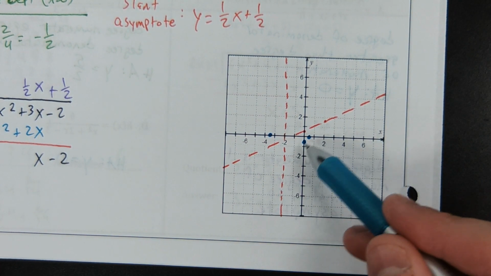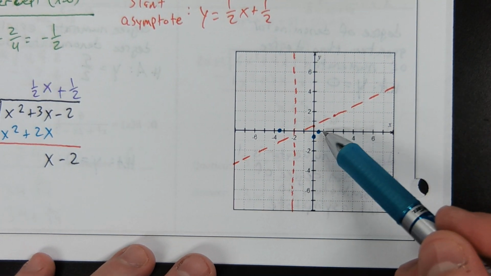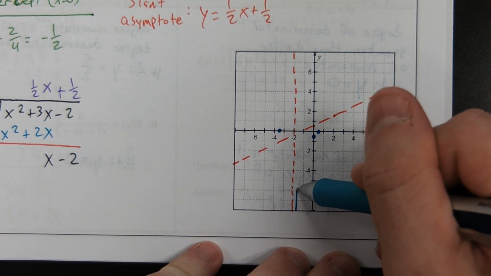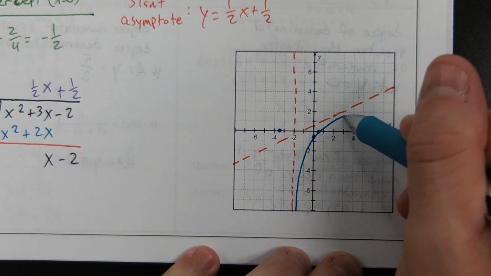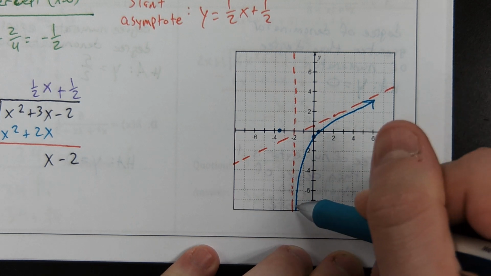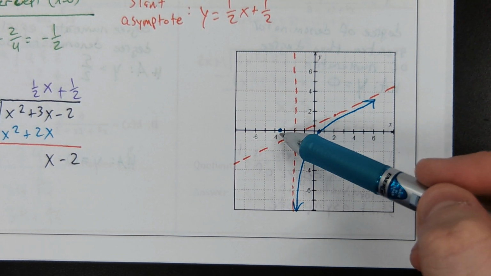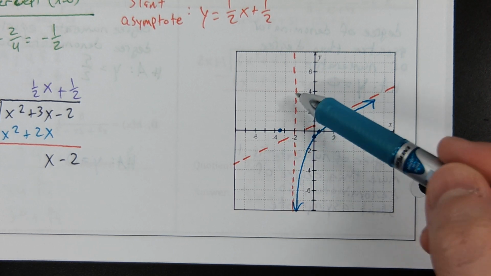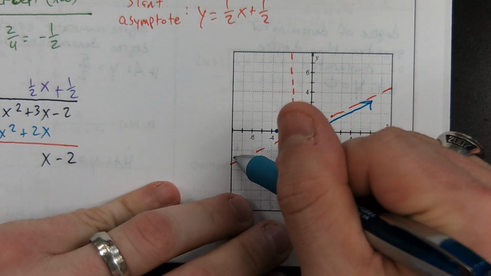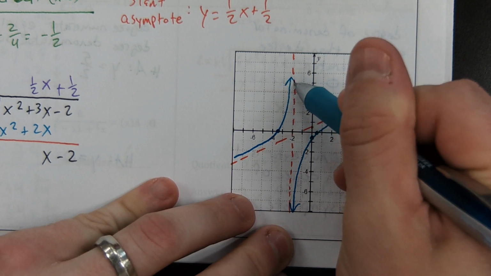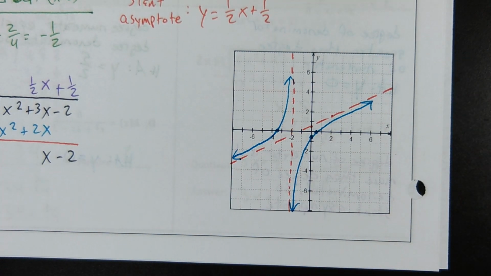See how it goes through those 2 points? It has to go through this point and get infinitely close to these 2 red lines. There you go.